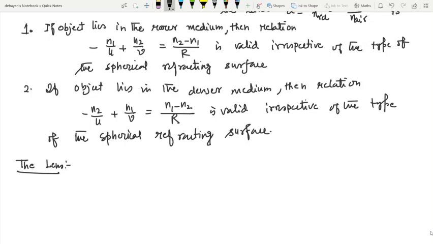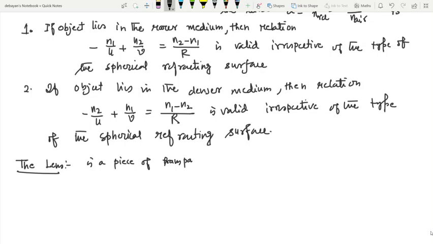This is the simple definition of a lens.